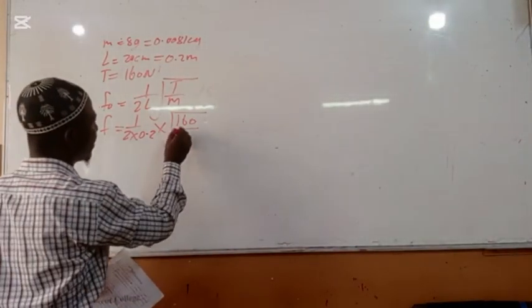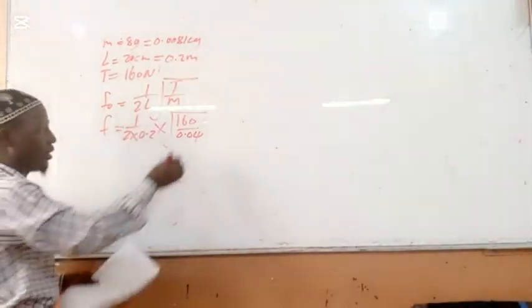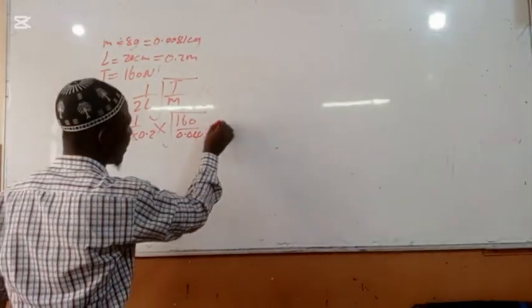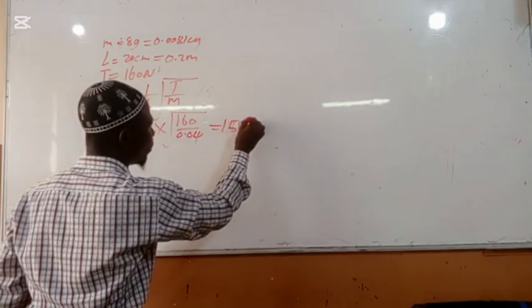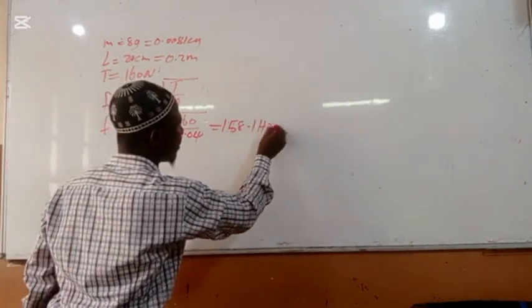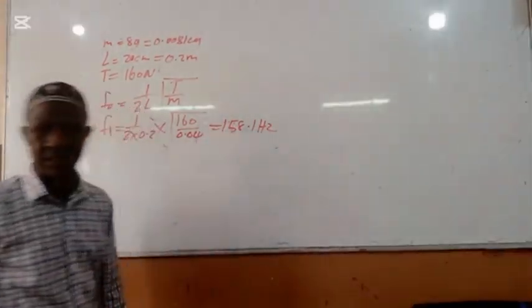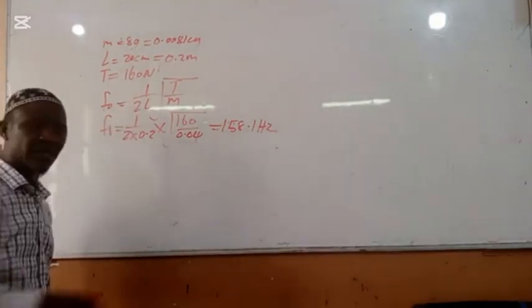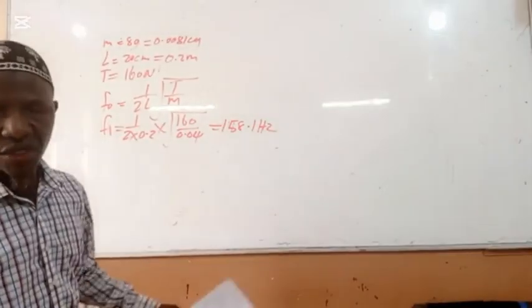So this one will be 0.04. By the time you press your calculator, you are going to get 158.1 Hertz. That's all. And this is the fundamental frequency. And don't forget, it's a string that contains all harmonics.